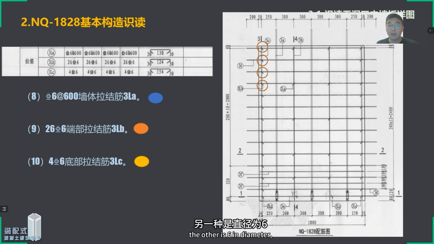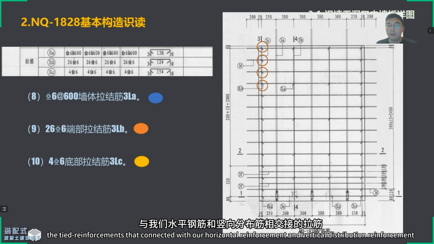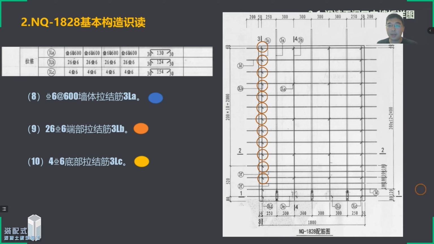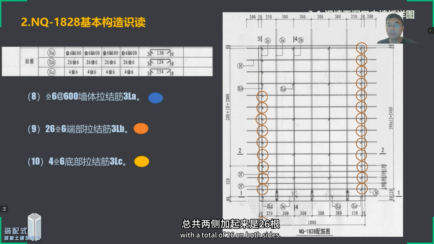The other is 6 in diameter. The tied reinforcements that are connected with our horizontal reinforcement and vertical distribution reinforcement are located on both sides of our wall, with a total of 26 on both sides.